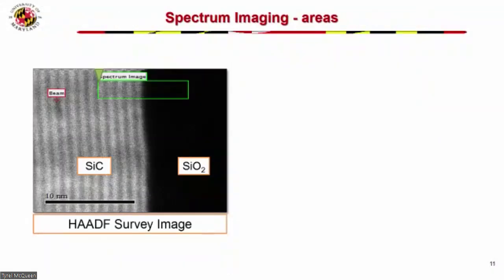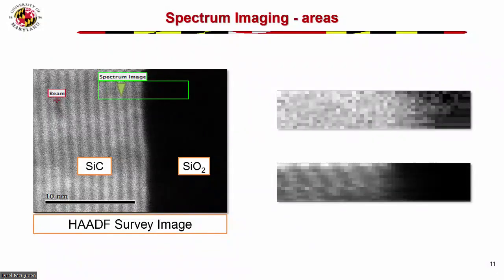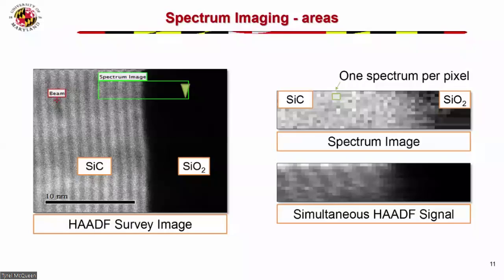So here, this is a HAADF, high angle annular dark field image, where we select an area that Gatan software calls a spectrum image. And then we raster the beam. We're scanning the beam in this area and collecting an EELS spectrum at every point, so every pixel actually has an EELS spectrum.